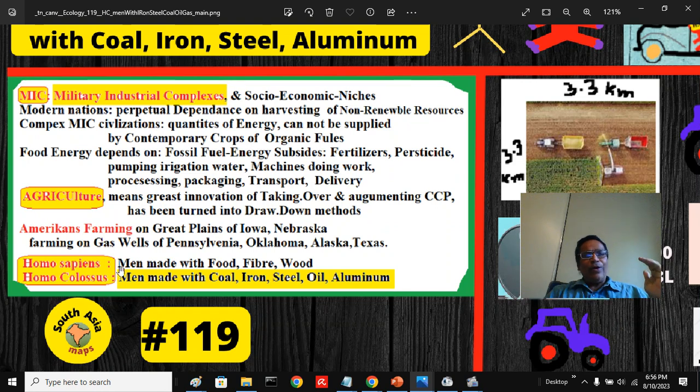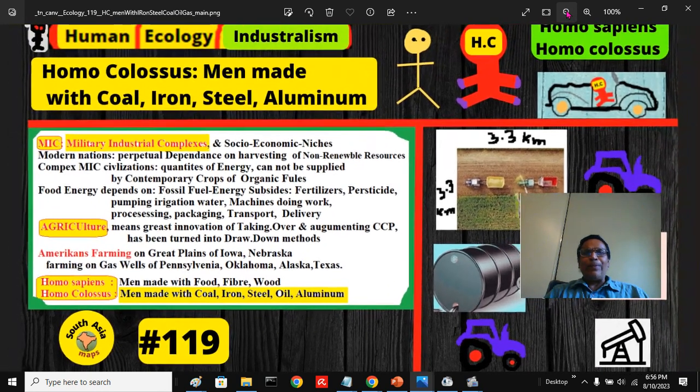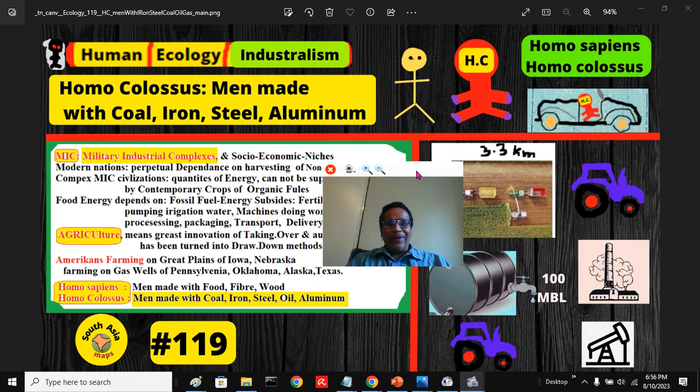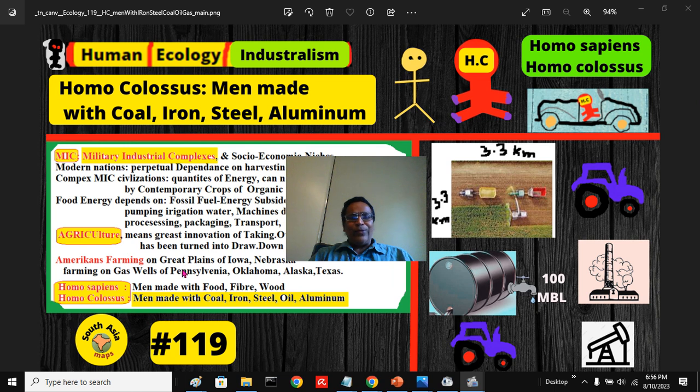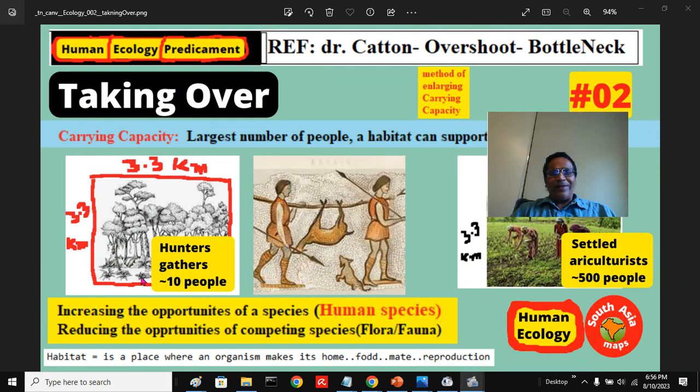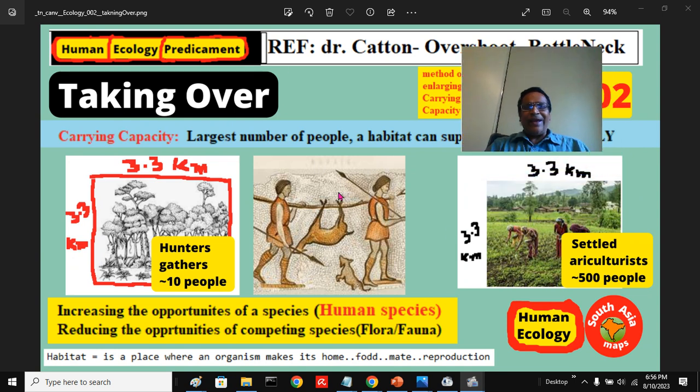Homo sapiens, simple human beings, were made with food, fiber, and wood. Now Homo Colossus, their counterparts, are made with coal, iron, and steel. You can see the Homo Colossus and Homo sapiens here. By taking over the wilderness, the forest, humans increased the carrying capacity, taking over from the competitors, flora and fauna.